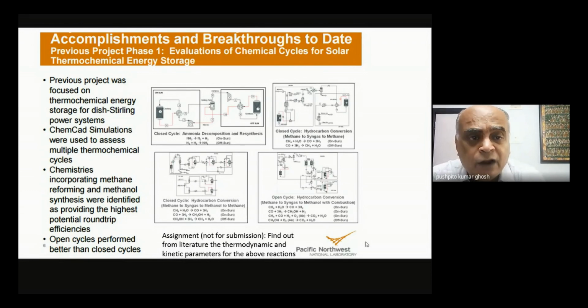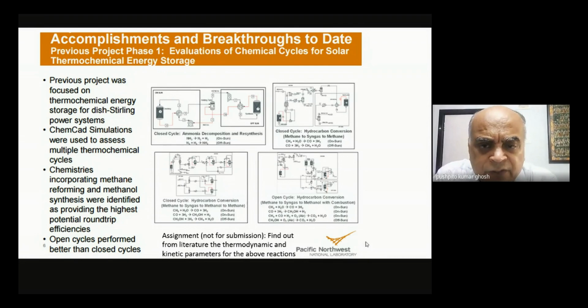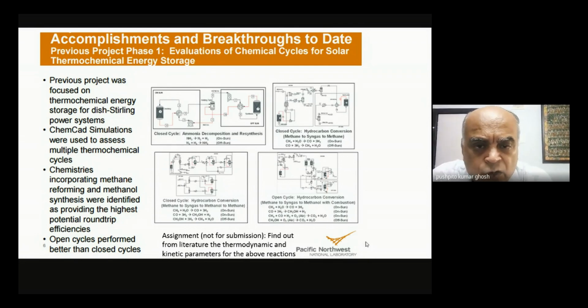Now, there are also other very interesting things that people are looking at. The detailed schemes you won't be able to see, it's too small, okay? But the broad equations you'll be able to see. Now, one is that you should know, there is a lot of work going on in the area of ammonia.